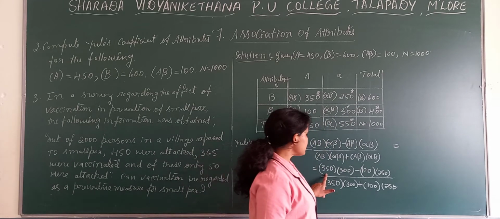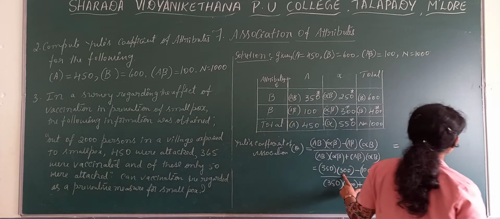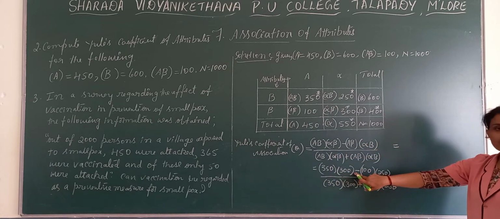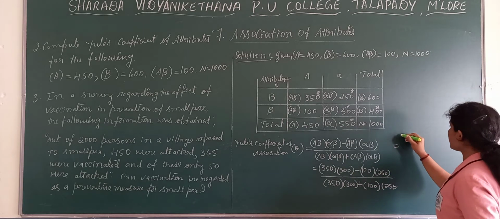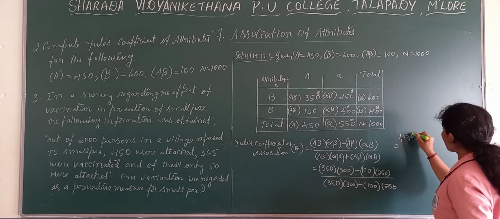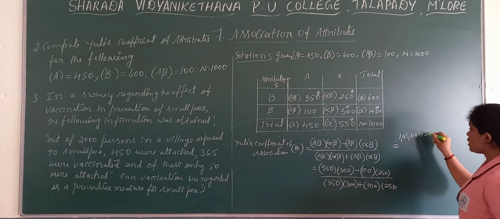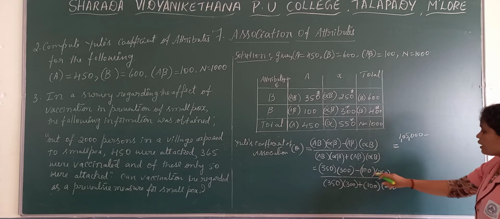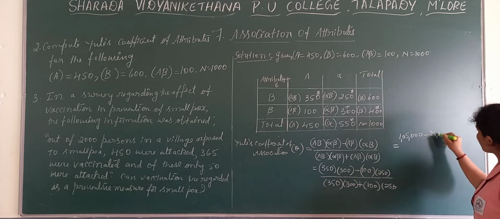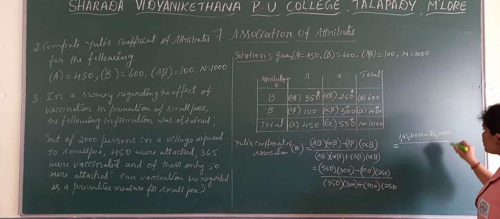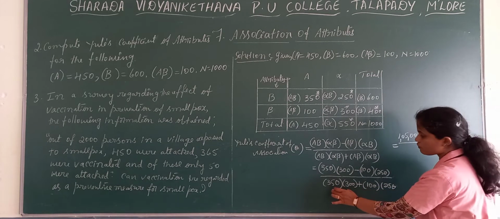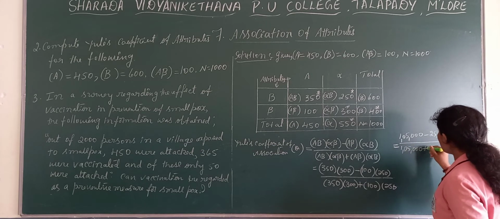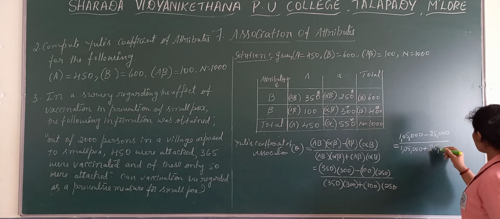Now multiply 350 into 300. When we multiply 350 into 300, we get 1,05,000 minus 100 into 250. 100 into 250, there we get 25,000 divided by same thing, and once again here we get 1,05,000 plus 25,000.